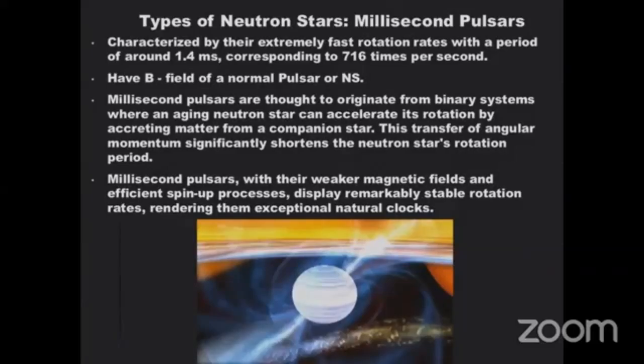I've explained that before. That is extremely fast. But the magnetic field of millisecond pulsars is just as normal as ordinary pulsars or neutron stars. So the emphasis on millisecond pulsars is on their high spin. Their spin is higher than normal pulsars. So where do they get all of this spin from? They are mostly in binary systems.